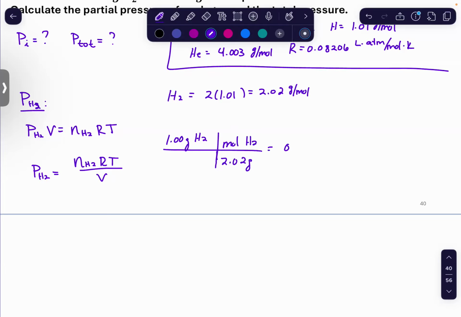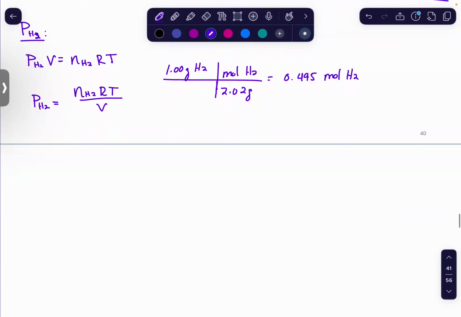This is going to give me 0.495 moles of H2. Okay, so I can plug that in now.